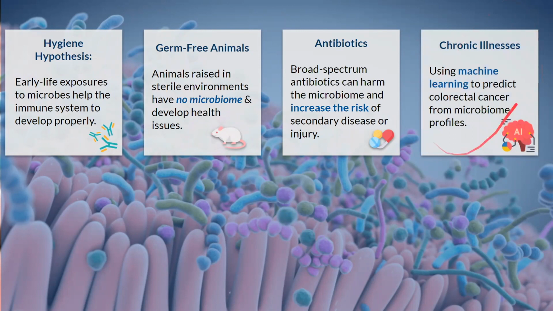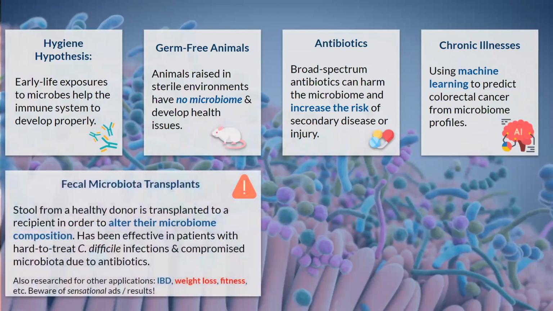While we're not really there yet, I just wanted to give an example of the kind of work that is going on and how people are using microbiome data for human health studies. Another application of microbiome research is something called fecal microbiota transplants, or FMTs. This is just what it sounds like. Essentially, stool from a healthy donor is transferred to a recipient in order to alter their microbiome composition.